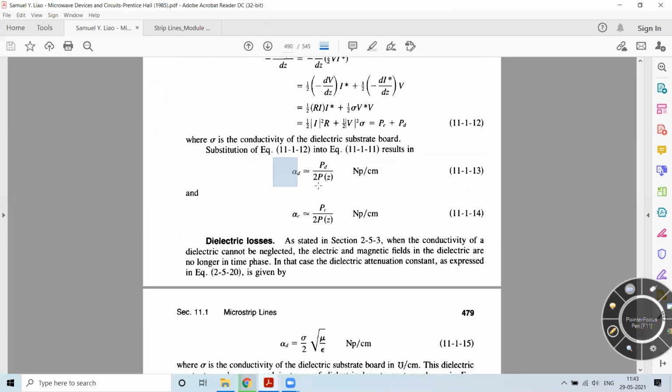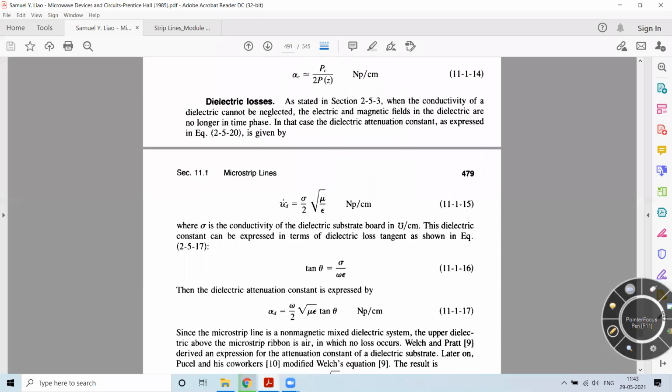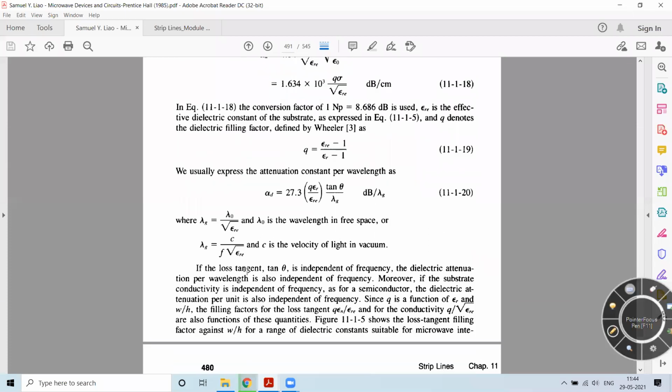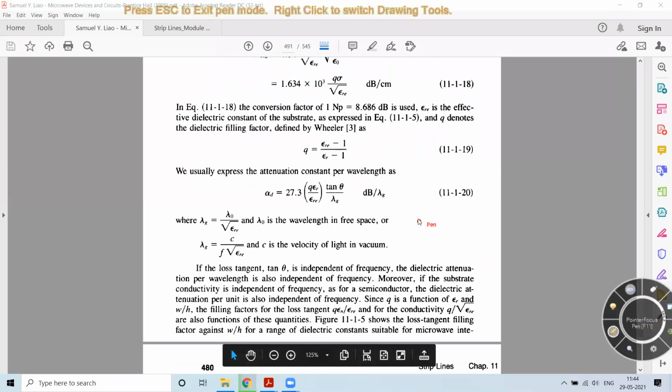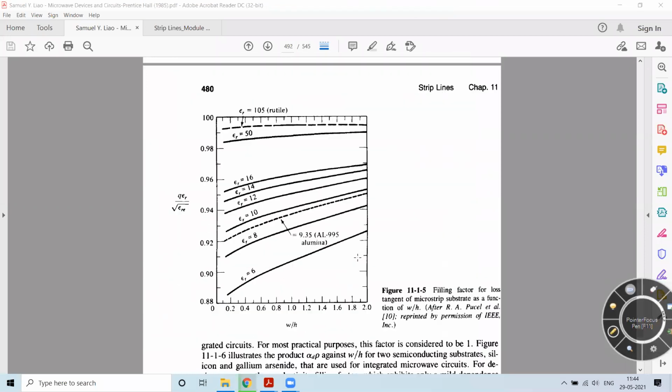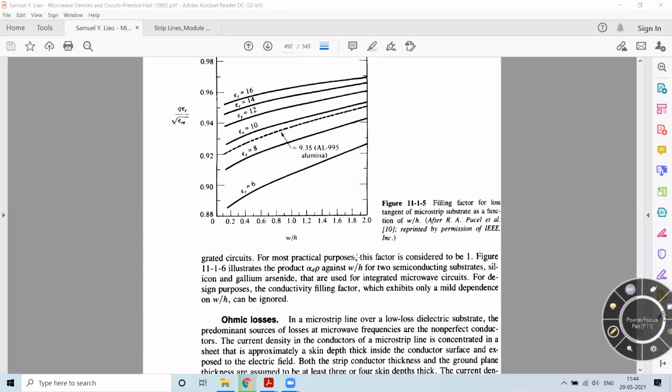Here we specified it in terms of the power. Here we are specifying it in terms of the conductivity, permeability, and permittivity. Along with that, the other representation is in terms of the wavelength, making use of the dielectric filling factor. So these are the aspects related to the dielectric losses.